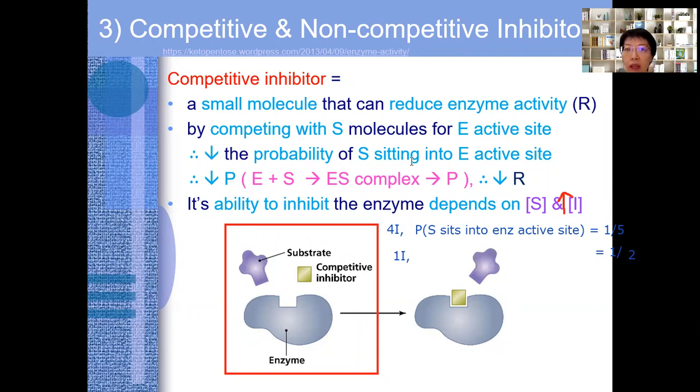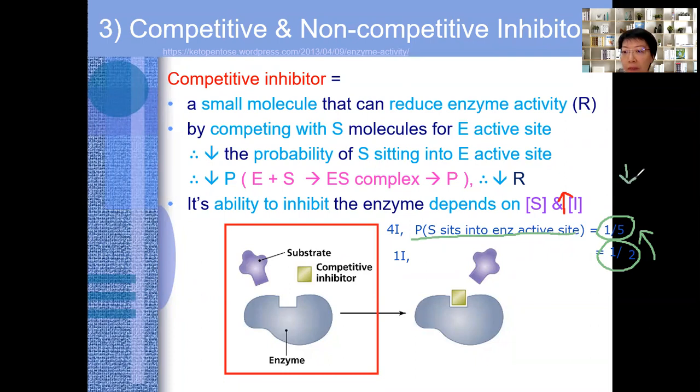Okay, so can you see that when I increase my inhibitor, what happened to the probability of the substrate sitting in? From half, it becomes 1/5. So if I continue to add more and more inhibitor, can you see that the probability of substrate sitting into the enzyme active site is definitely going to decrease?